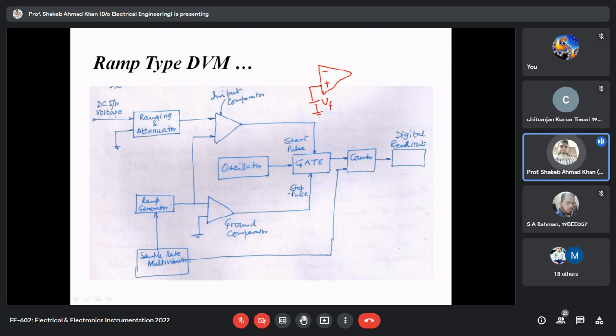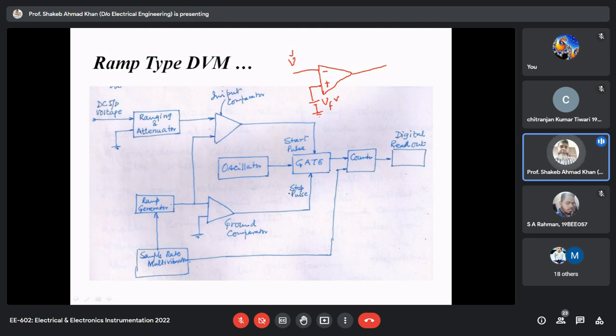This is your reference voltage, and another voltage, V, the source of this voltage may be some circuit or some sensor. Obviously this is a varying voltage, and you are comparing this voltage with the reference voltage.